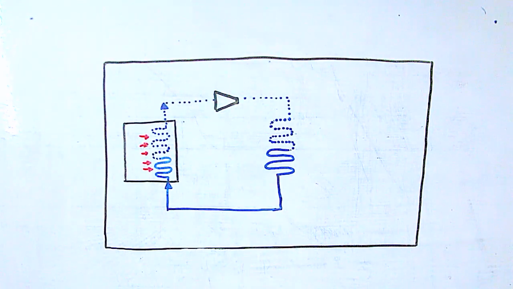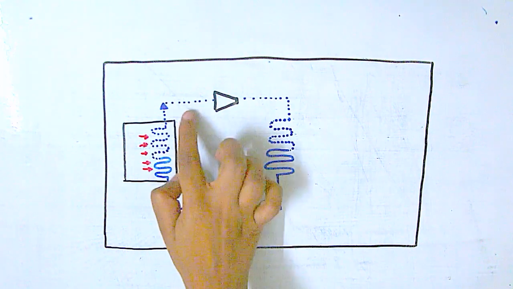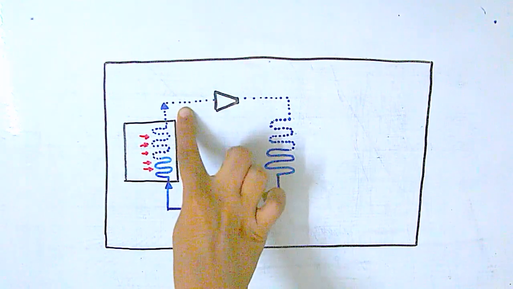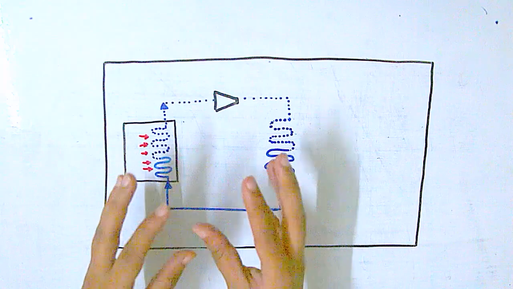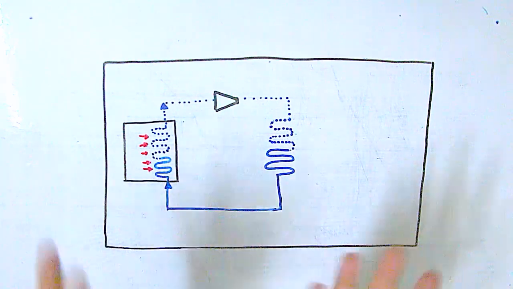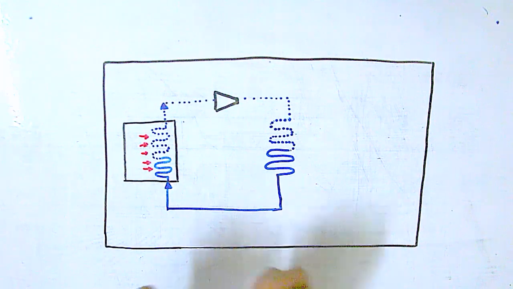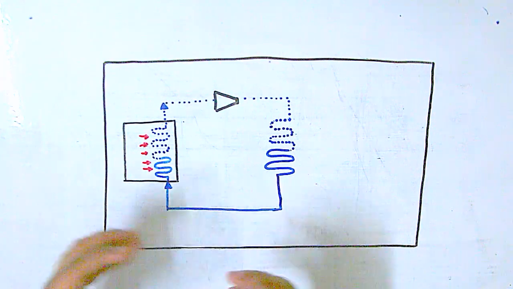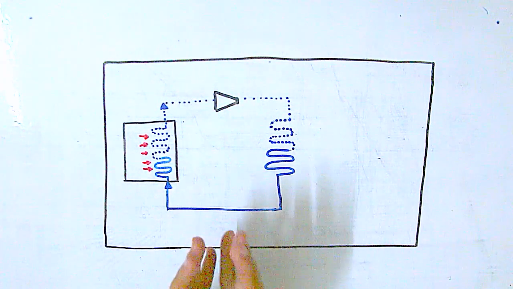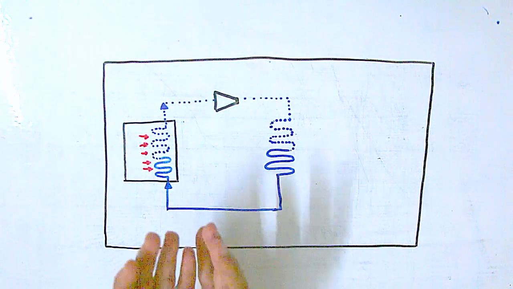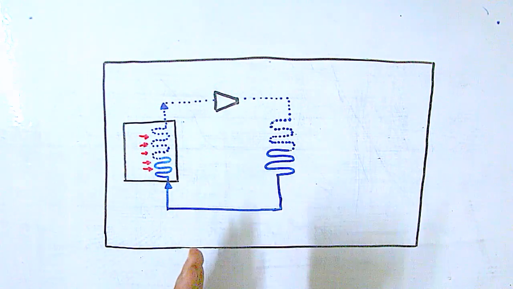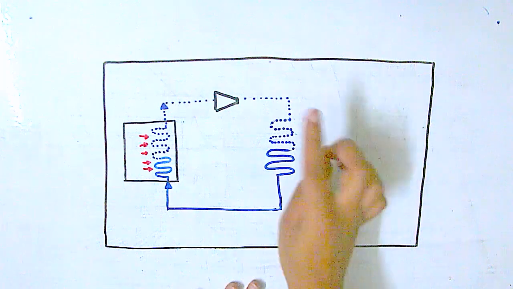What happens in a compressor is all of the gas molecules, the refrigerant gas molecules, are compressed. That's what happens because it's a compressor. They are compressed, which means they come closer together. And by bringing them closer together, you increase their energy so much that their temperature starts rising.